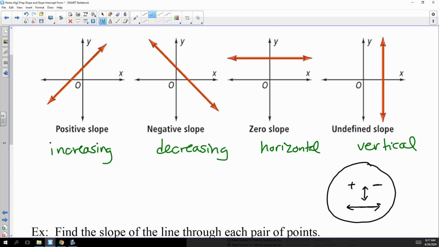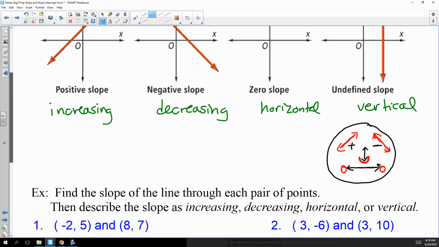She'll draw a line like this for positive, and then like this for negative decreasing slope, and then she'll put a U here for that nose for undefined, and a 0 at each end for a horizontal line. I hadn't seen that before. That's kind of cute, but it's up to you.